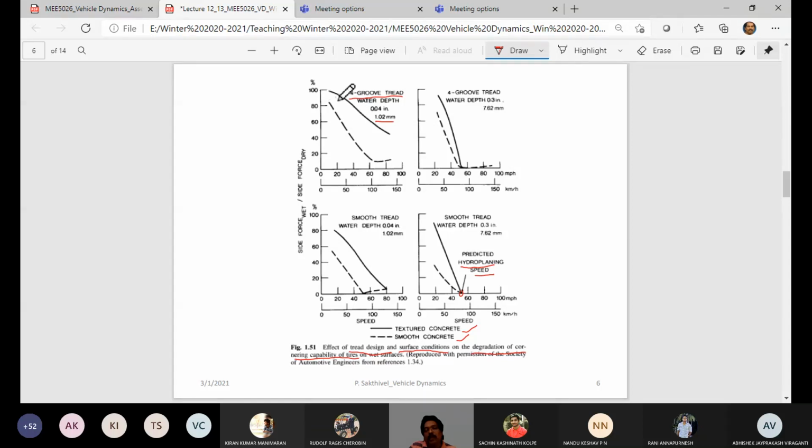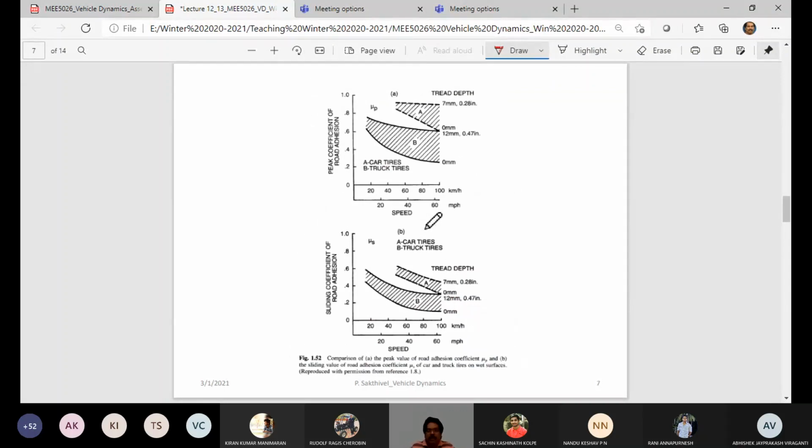One gradually reduces, or suddenly drops in the case of the smooth concrete surface. These are other studies that people do. Like that, one can do a parametric study to understand the significance of your road surface nature, tire design and tire material properties for different operating conditions of your vehicle, right?